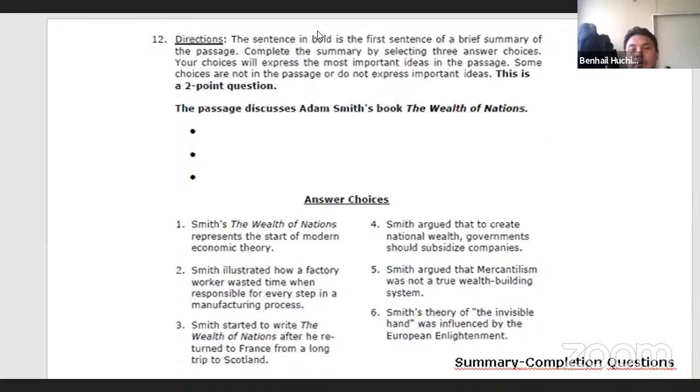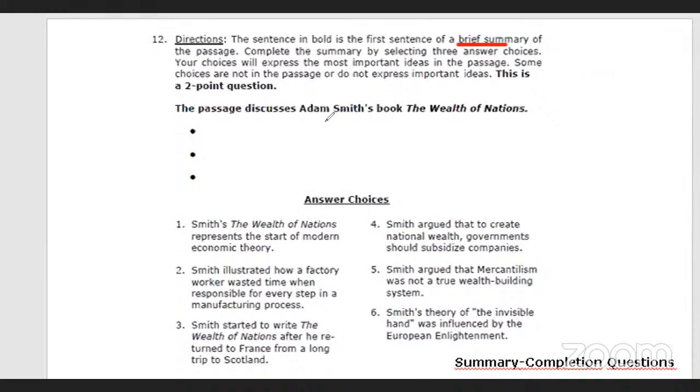And it says here, the first sentence is the beginning of a brief summary of the passage. Complete the summary by selecting 3 answer choices. Each choice will express the most important ideas in the passage. Some choices are not in the passage or do not express important ideas. It is a 2-point question.